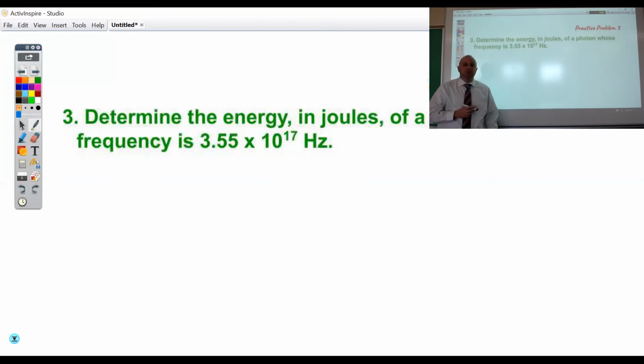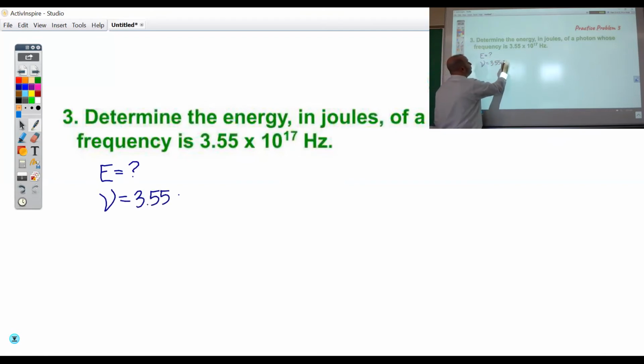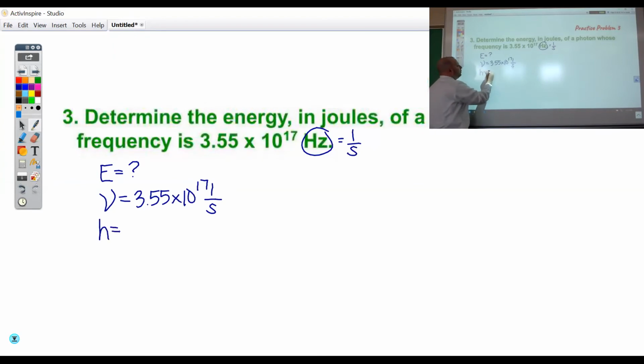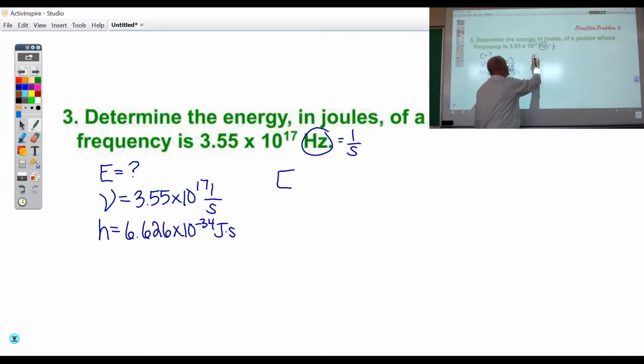In practice problem number 3, we are going to be determining energy in joules given the frequency. Energy is our unknown, and this time our frequency is equal to 3.55 times 10 to the 17th hertz, but remember, hertz is really equal to 1 over seconds. We are going to use Planck's constant, 6.626 times 10 to the negative 34th joules times seconds. And I knew that based on this equation.